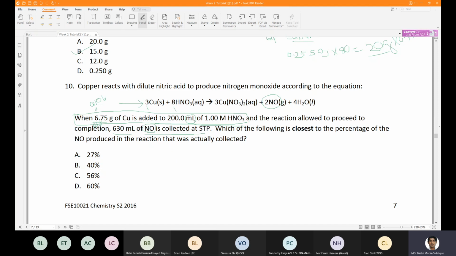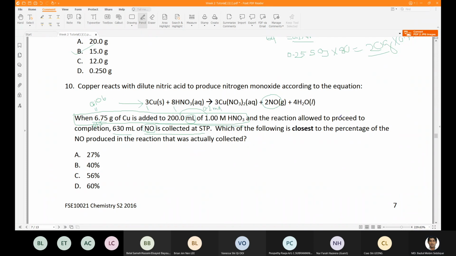So n equals C times V, because it is a solution, and from there we find the number of moles of nitric acid in 200 milliliters of 1 molar is actually 0.2 moles.